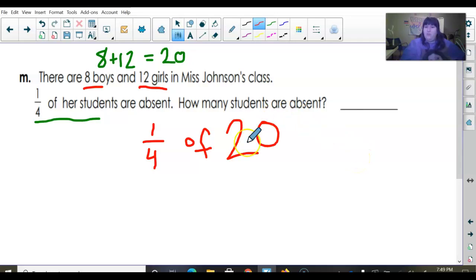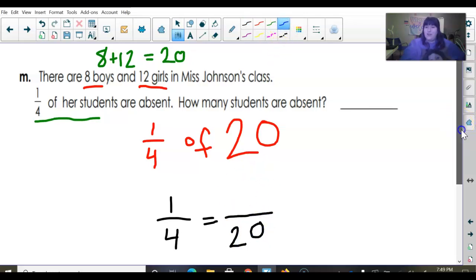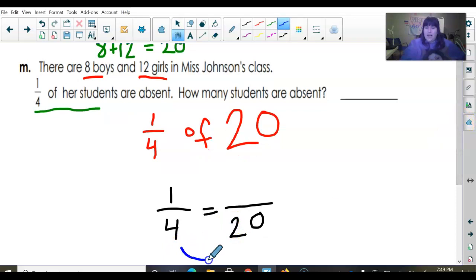Now I can draw that out, draw out 20 in 4 equal groups and see what's one of those groups, or I can use my math skills. 1/4 of 20, you ask yourself 1/4 equals how many out of 20? That question mark. Whatever your numerator is, that is your answer. How did I get from 4 to 20? 4, 8, 12, 16, 20, times 5.